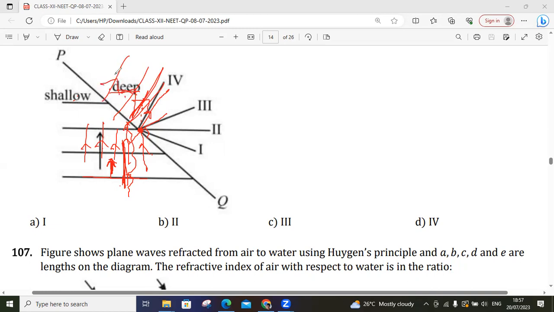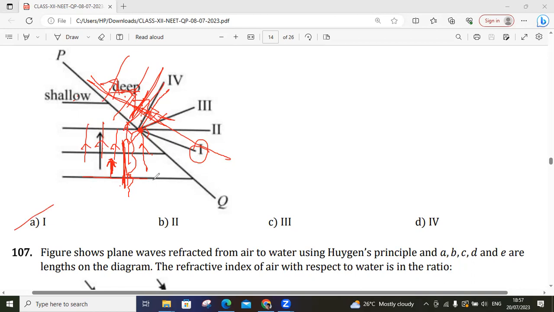So the wavefront is always perpendicular to the propagation of the wave. So this is the normal to this surface, but this will be a little bit like this, right? Normal means the normal to the wave propagation. So our wavefront will be on this side. So this is the most suitable, the first option.